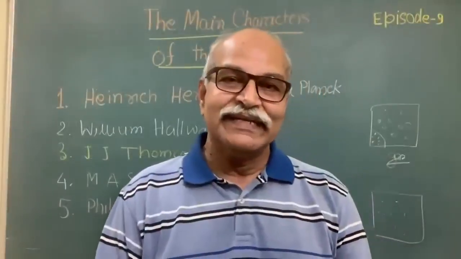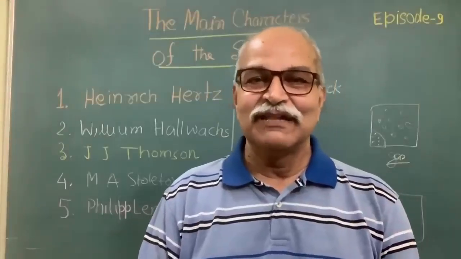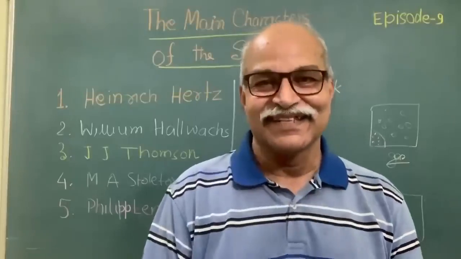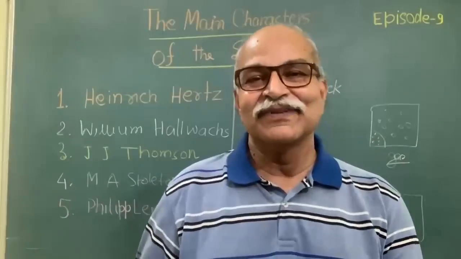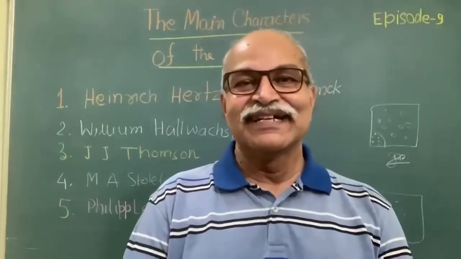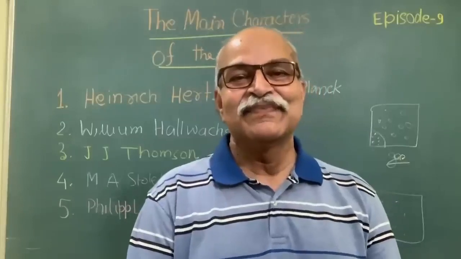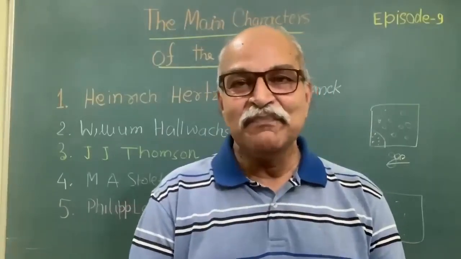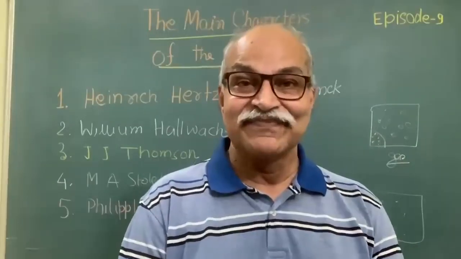Now we are ready to discuss Albert Einstein's paper of 1905 on the photoelectric effect. Actually, it is not on the photoelectric effect as such, although the part where he discusses the photoelectric effect plays an instrumental role in getting him the Nobel Prize in 1921. But the main paper is again on the thermodynamics of this radiation.